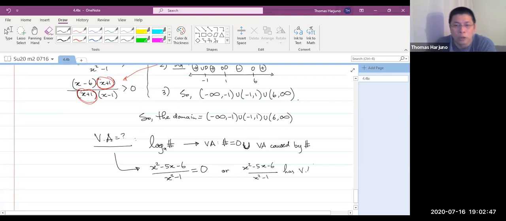Even so, if you already have a vertical asymptote even before you put it into the log, then even after you put it into the log, it will be a vertical asymptote.